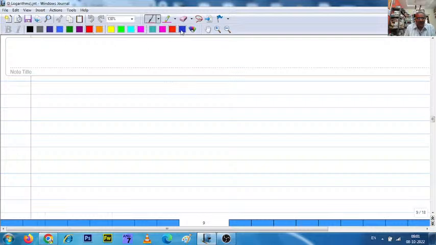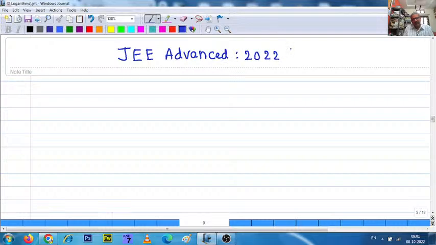The question is JEE Advanced 2022, that is a previous year question, on differential equations.